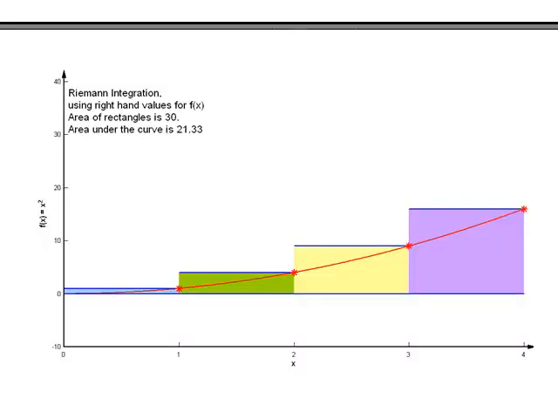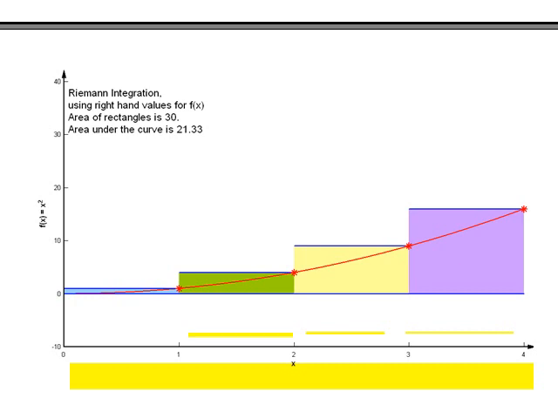Here's an example. The red line is the function. It's going from 0 to 4. For purposes of discussion, I broke it up into 4 subintervals: between 3 and 4, 2 and 3, 1 and 2, and 0 and 1. I made them all the same size.